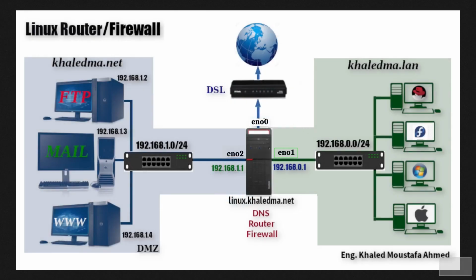Hello everyone, this is a practical study for configuring a Linux box. Actually, it's running Fedora 31 to act as a router and firewall device for controlling the network packets between the private LAN, the DMZ network and the internet.